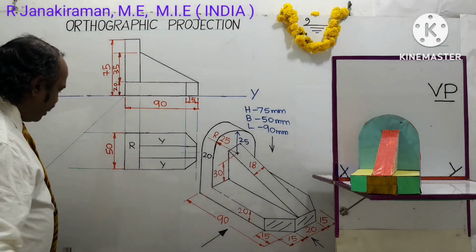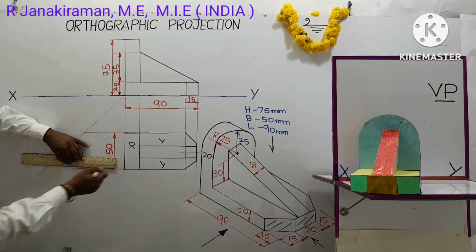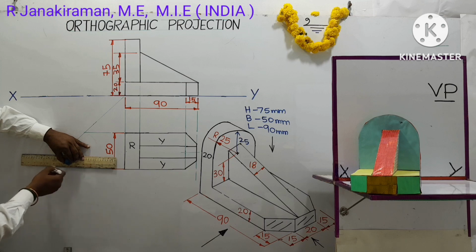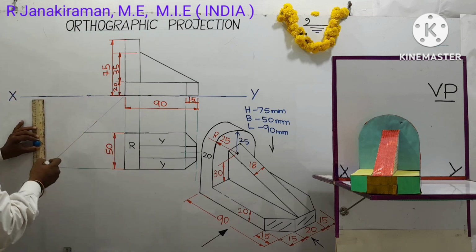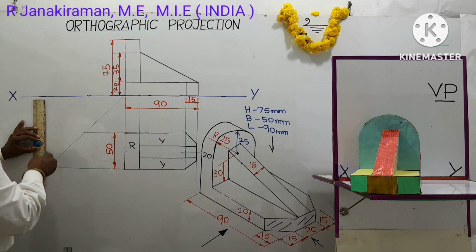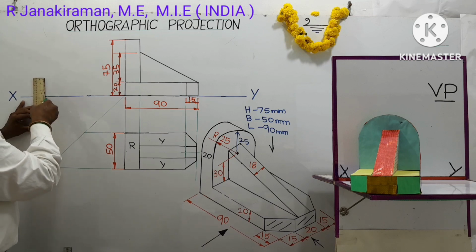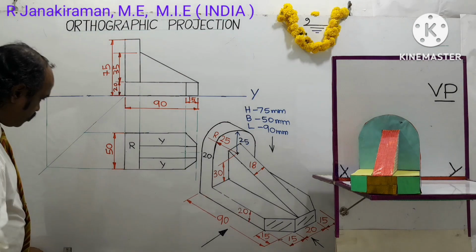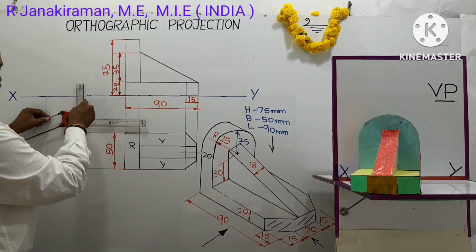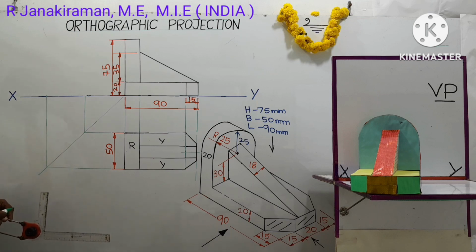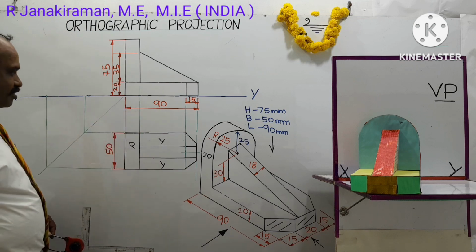Where the horizontal projector intersects with the miter line, there you draw vertical projector. So use drafter scale for better performance, so that your diagram will not go across.